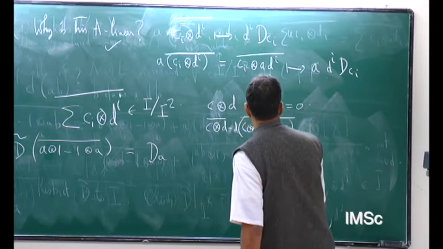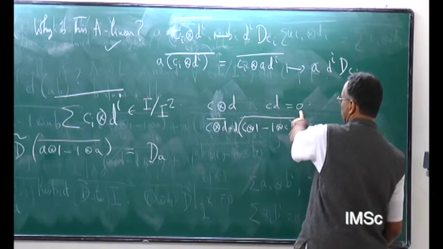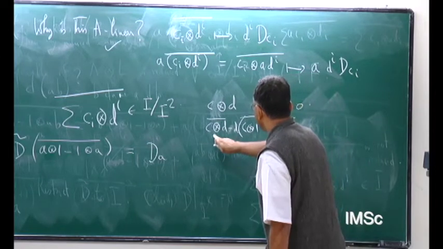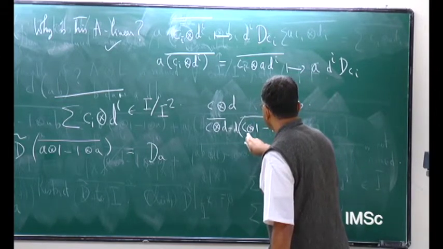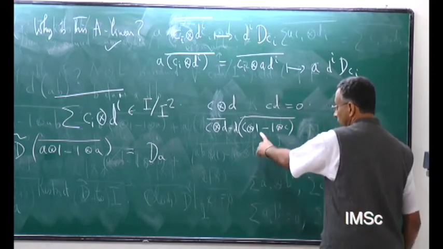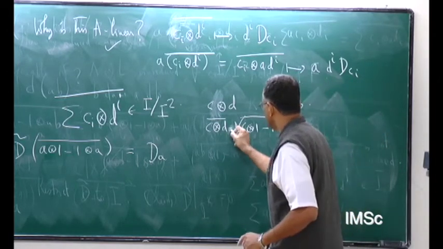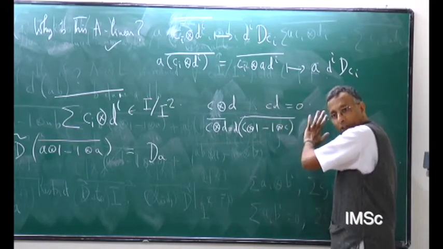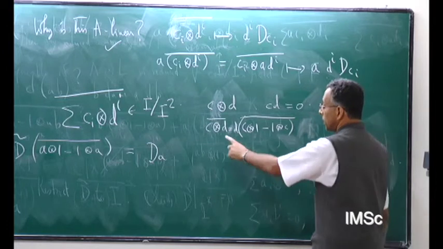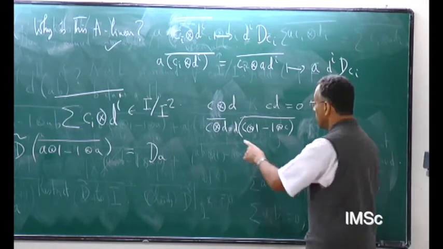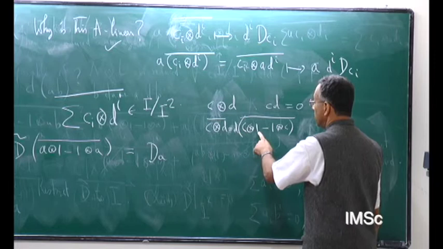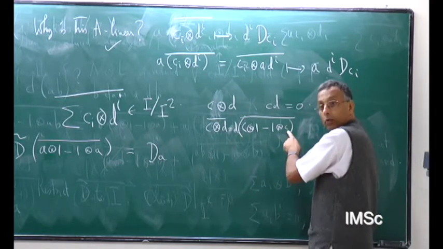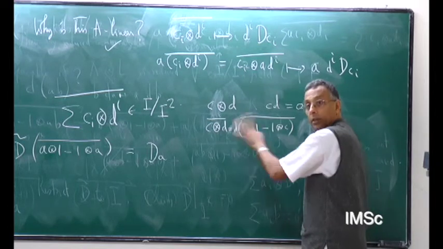Yeah, 1 tensor CD, and CD is 0, right? So here, C tensor D bar I can write as D times this. So actually, I claim this is equal to this. This is a very special case: if CD is 0, then I claim this is true. Why? I can put the D here and I can put the D here, but CD is 0, so this goes away. So indeed this is equal to this.